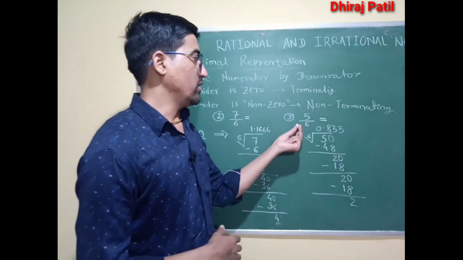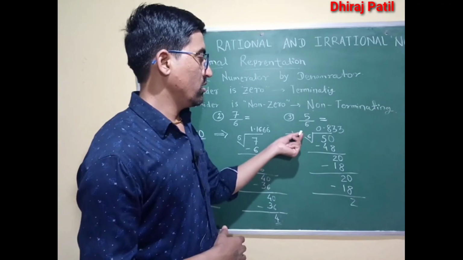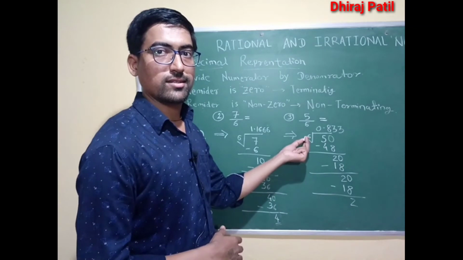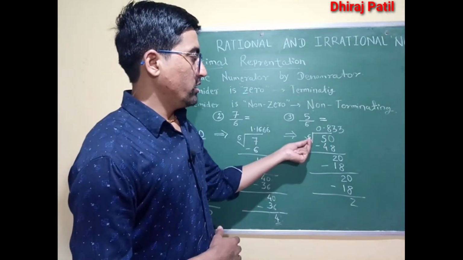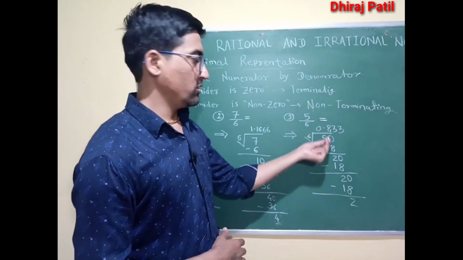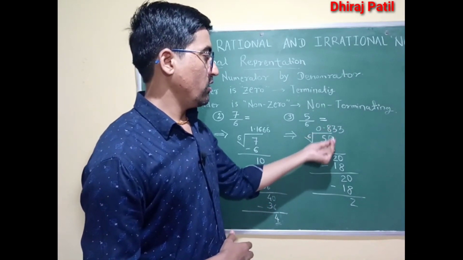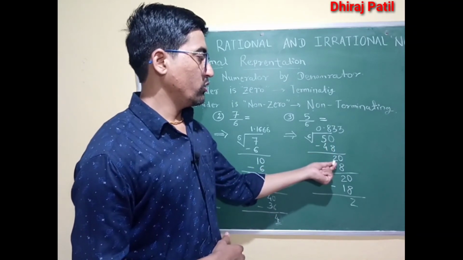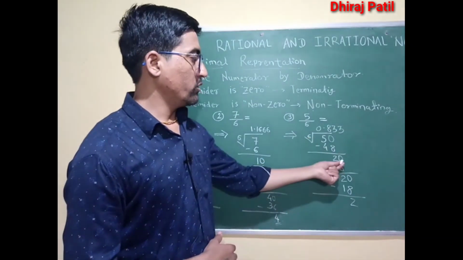Now we take the third example, 5 by 6. 5 divided by 6. 5 is not divisible by 6, so we directly get 0 and here is the point. So we get 50. 6 eights are 48. 50 minus 48 is 2. But 2 is not divisible by 6, so we take 0.